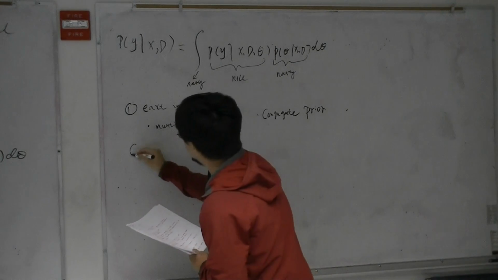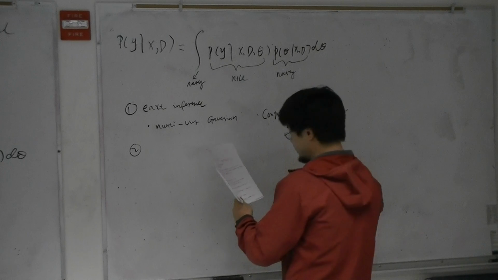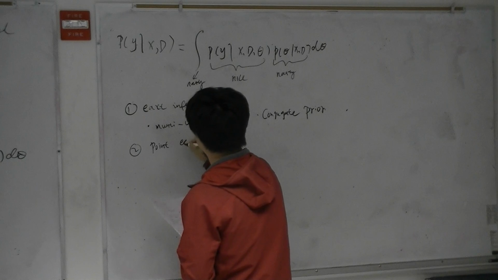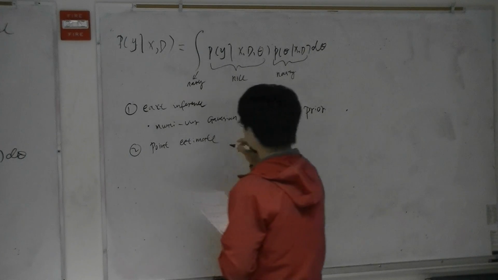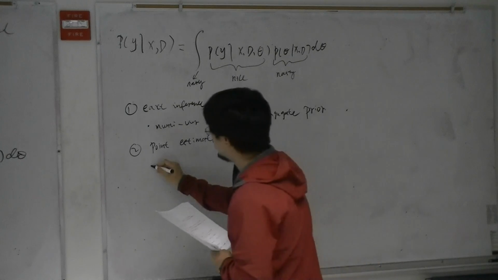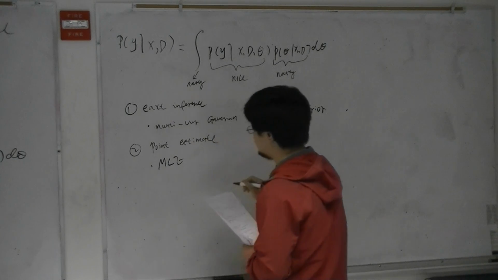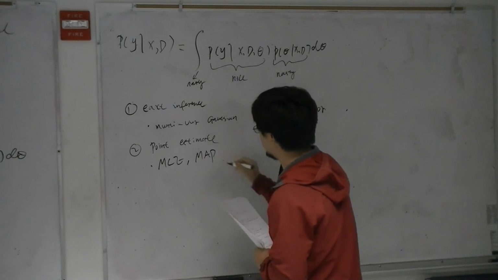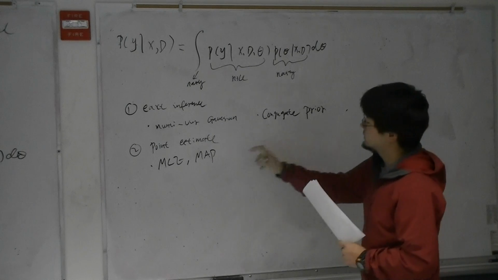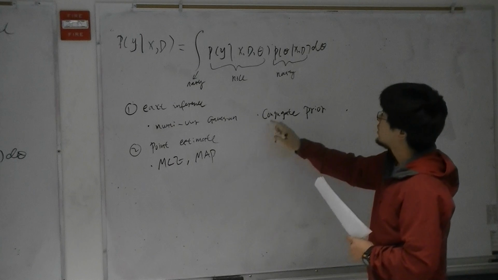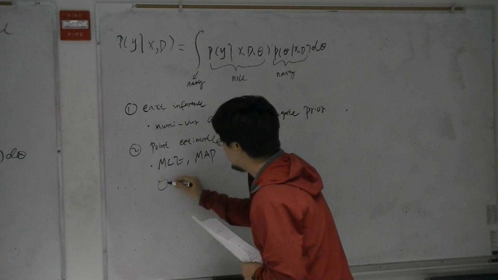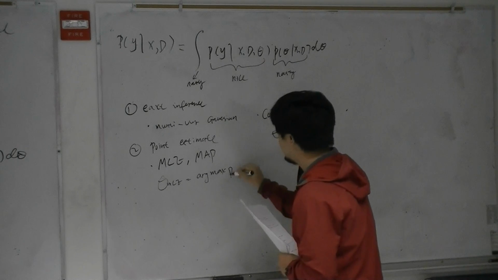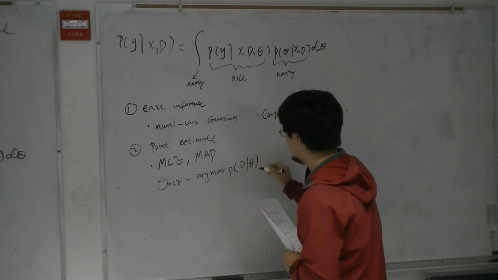Another way is using point estimate. The two examples are MLE, maximum likelihood estimation, and the maximum a posteriori, MAP. In these two methods, theta MLE is equal to argmax P of D given theta.